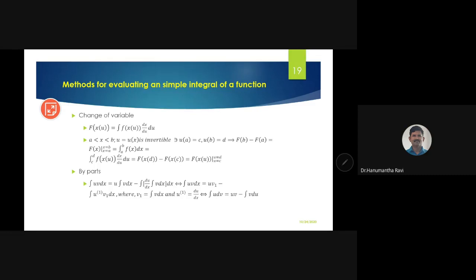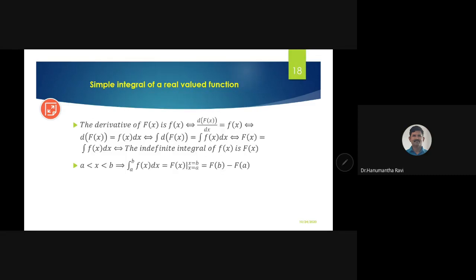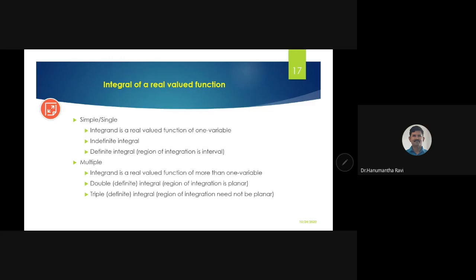the integrand is a real valued function of more than one variable. That is what we mean by multiple integral. Here we focus on double integrals and triple integrals.